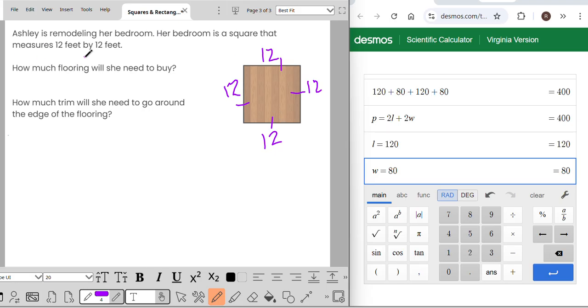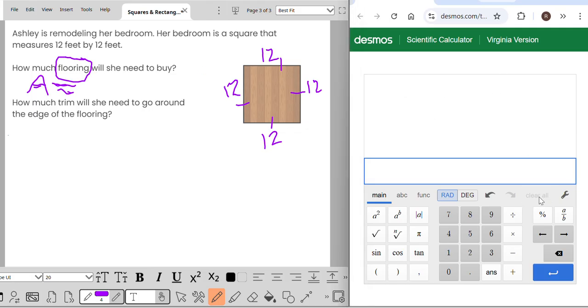So it says, how much flooring will she need to buy? Well, flooring, you want to cover the entire thing, not just the edge. That would be a weird floor. So area, again, for a square, you could do side squared. But for the sake of simplicity and not having to memorize more than one set of formulas, which you won't because you have a formula sheet, I'm just going to say area equals length times width.